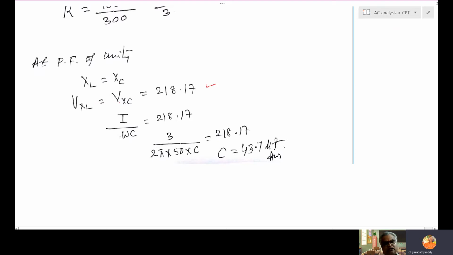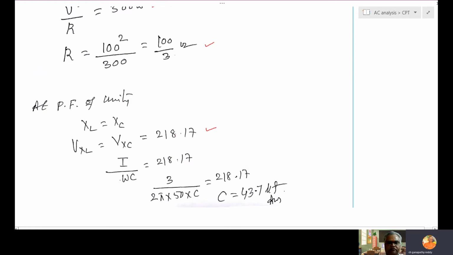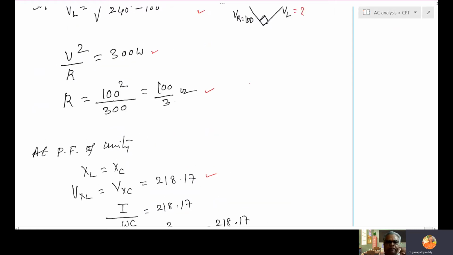So what is the voltage across the capacitor? Current into reactance. So I by omega C equals the same, but this current is 3. How did we get this current 3? I square R is also equal to 300 watts.